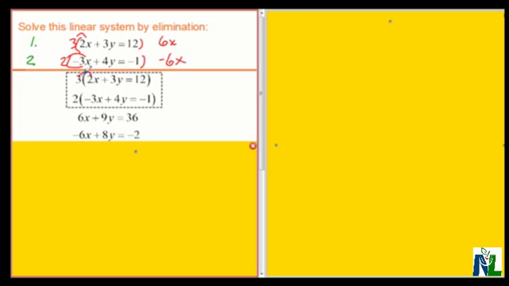Now all terms here are multiplied by 3. 3 times 2x is 6x, 3 times 3y is 9y, and 3 times 12 is 36. So the resulting equivalent equation, which I'll call equation 3, is 6x plus 9y equals 36.